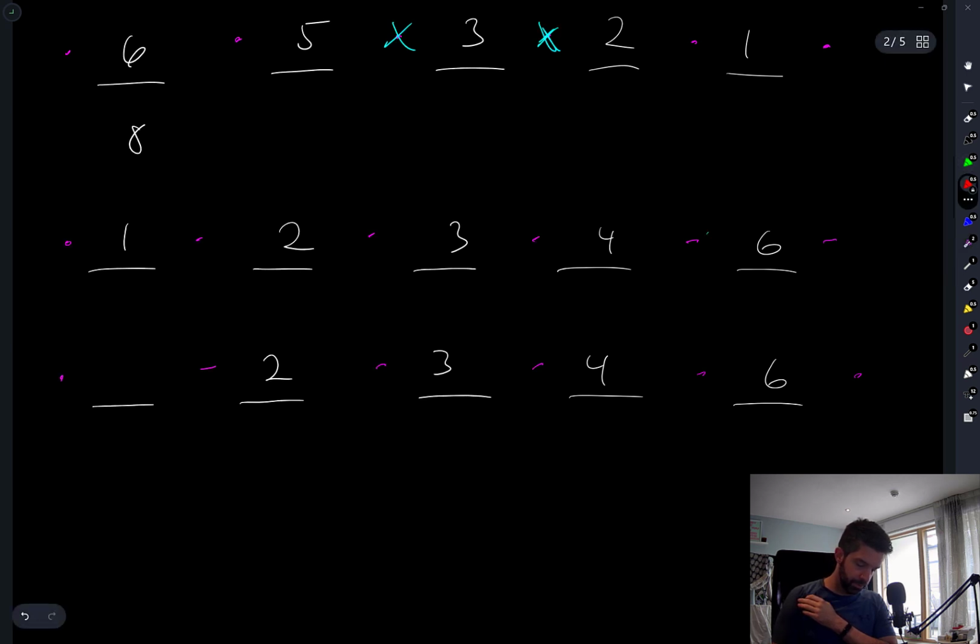Oops, I wrote these in ascending order. I mean, all the ascending and descending things, it doesn't really matter. There's going to be a symmetry that applies there.